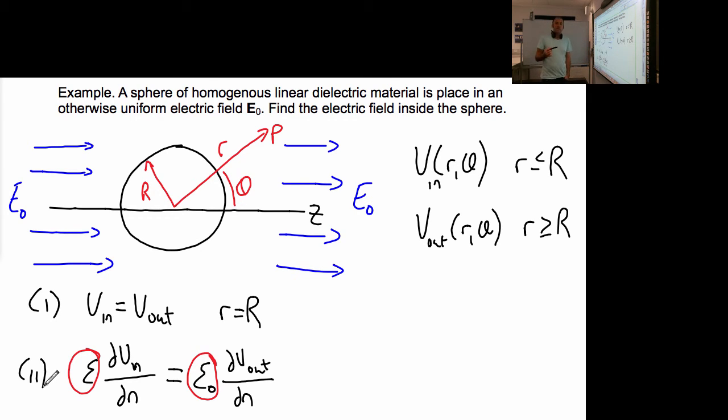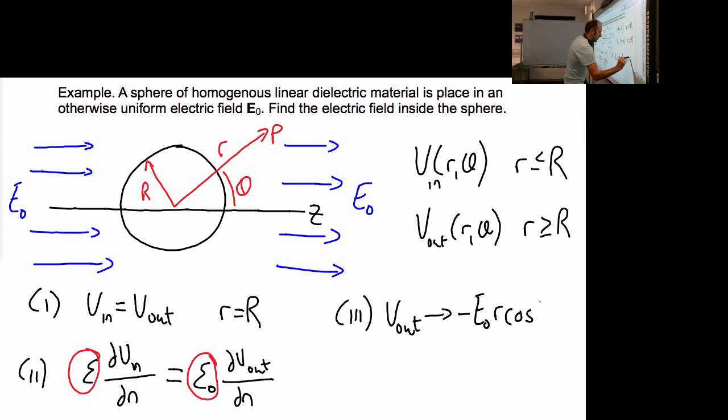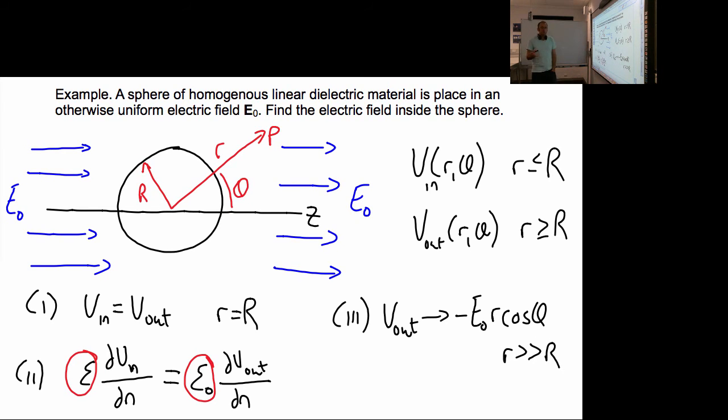Now our third boundary condition is what happens at infinity. At infinity the potential outside is going to go to minus E0 r cos theta, and this is for r much greater than R. So why is it doing this?